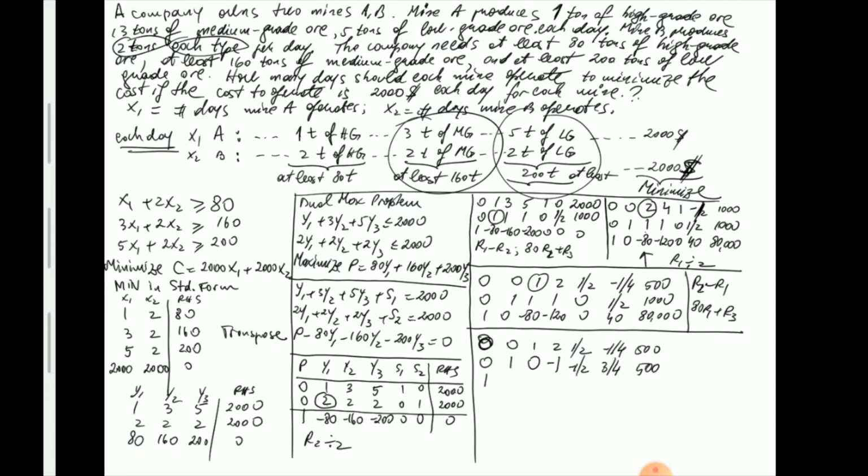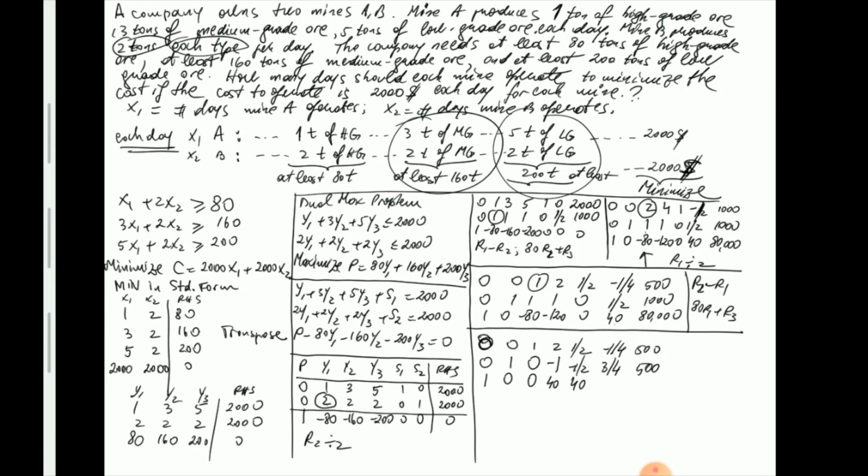Now 80 row 1 plus row 3. 80 times 2 is 160 minus 120, that's 40. 80 times 1/2 is 40 plus 0. 80 times minus 1/4, that's minus 20 plus 40.